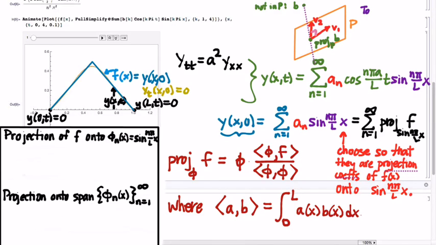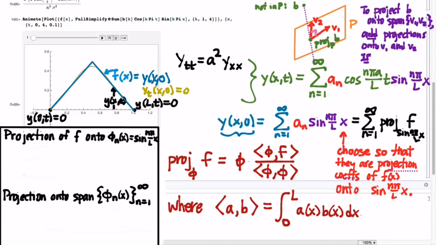To project B onto the span of V1 and V2, which is the plane P here, if V1 and V2 are orthogonal, all we need to do is add the projections onto V1 and onto V2. And again, this works if V1 is orthogonal to V2.